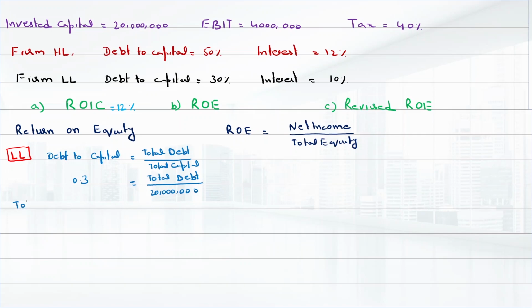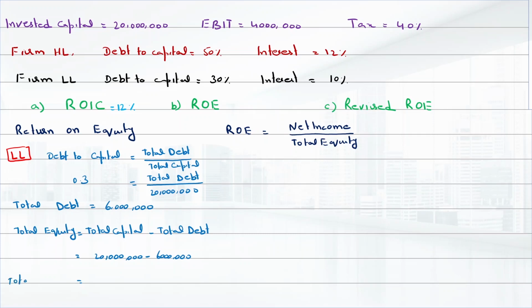So total debt will be 6 million. By using this, we can find the total equity, which is equal to total capital minus total debt. The total capital is 20 million minus 6 million, and the total equity will be 14 million.